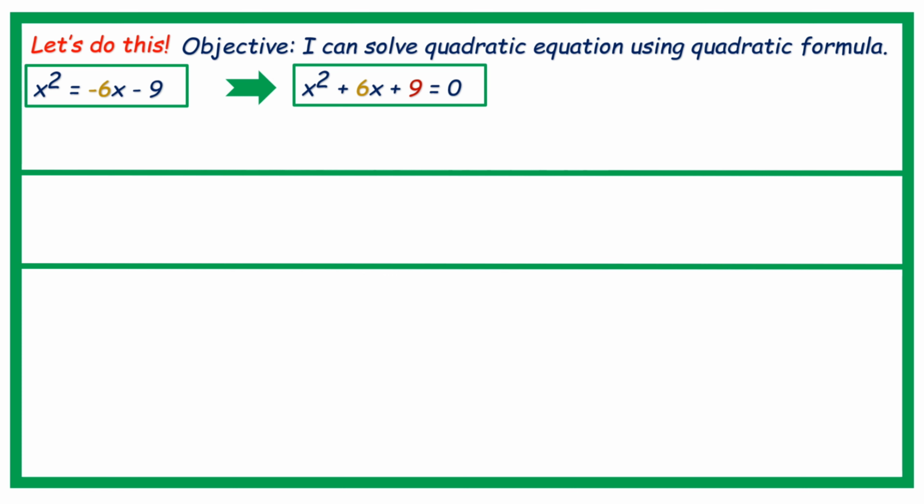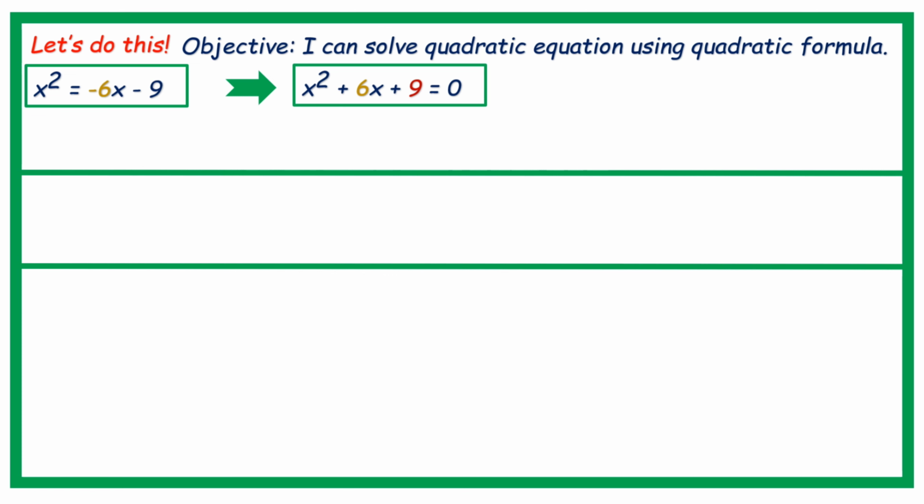X squared, the negative 6x jumps to the other side. The equal sign is our separator. The equal sign separates the left side from the right side. So the negative 6x jumps to the left side, and it becomes plus 6x.